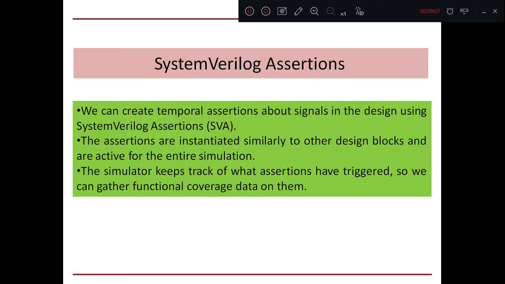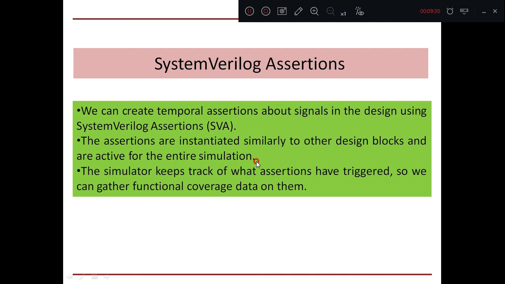What are the assertions? Assertions are primarily used to validate the behavior of the design. So basically assertions are used to validate the behavior of the design. We can create temporal assertions about signals in the design using SystemVerilog assertions.